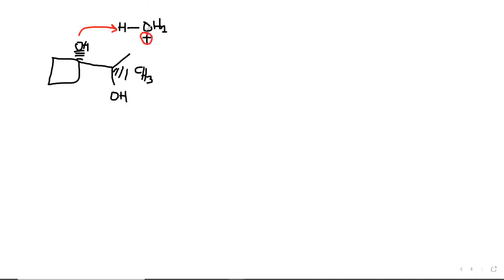I like to circle my charges. I don't know, it just looks fitting. So we have a forward reaction, meaning that our molecule here now, this OH at the back, has an extra hydrogen, and so it will be positively charged. Because oxygen likes to have 2 bonds, now it has got 3.